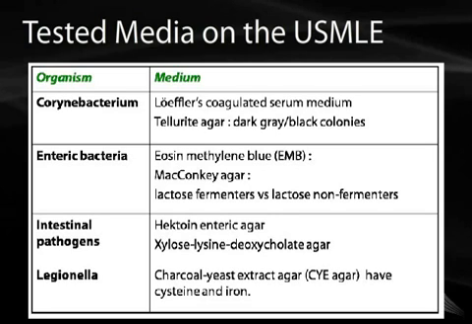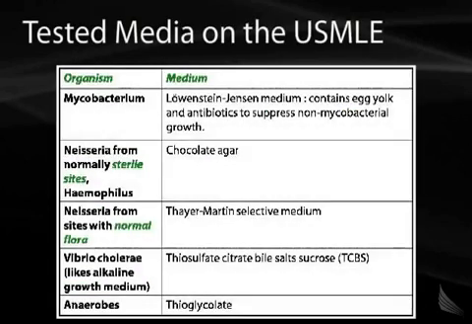Legionella is a bacteria that's frequently grown on charcoal yeast extract agar, or CYE agar, which has cysteine and iron. Mycobacteria are grown on Lowenstein-Jensen media. They take a long time to grow. It contains egg yolk and antibiotics to suppress non-mycobacterial growth, which often happens.